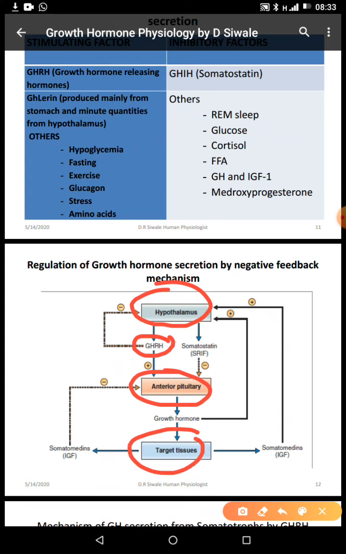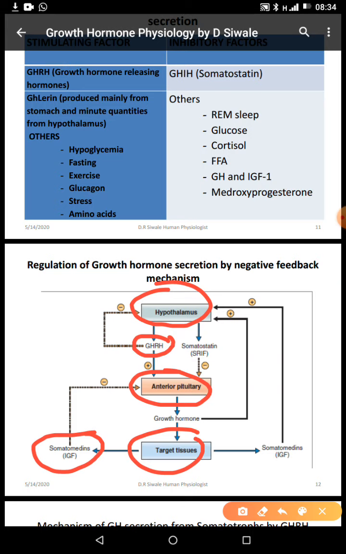If it binds on the liver, it will produce secondary substances known as insulin-like growth factors. These secondary insulin-like growth factors are the ones that have indirect effects on bones, causing bone elongation through increased chondrogenesis.